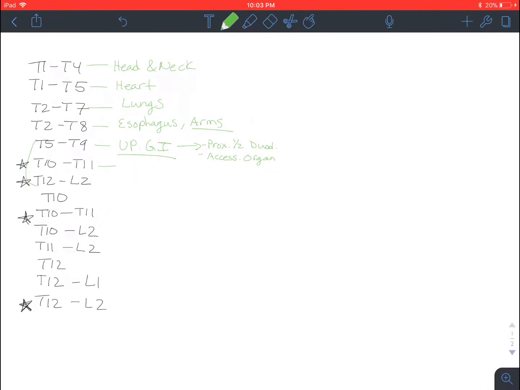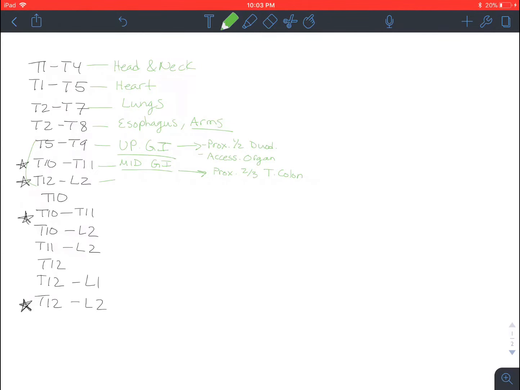T10 to T11 and T12 to L2. So T10 to T11 will be the mid-GI. Crazy, right? So that'll start where this one left off, and it will go to the proximal 2/3 of the transverse colon.